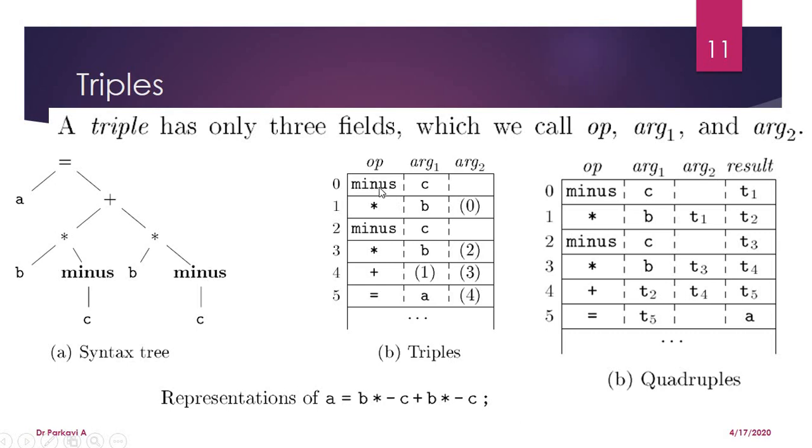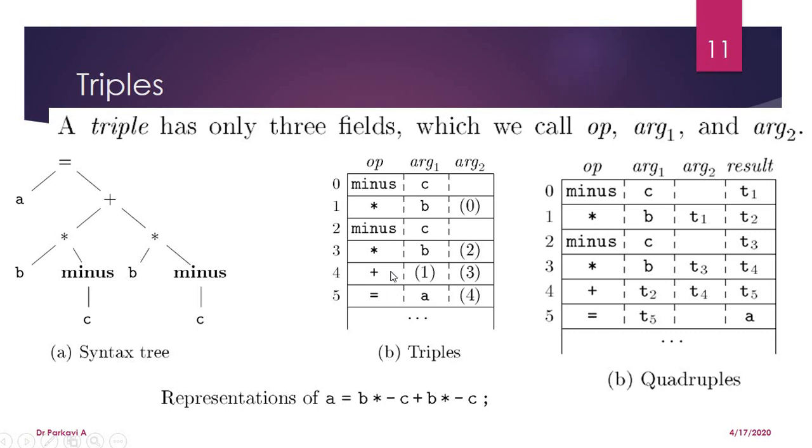The first operation is minus c, stored in address 0. The second operation is multiplication of b and minus c, so from address 0 we retrieve the data and use it. The third one is minus c, stored in address 2. Next, multiplying the b value and the minus c value, we reuse it within parentheses using 2.